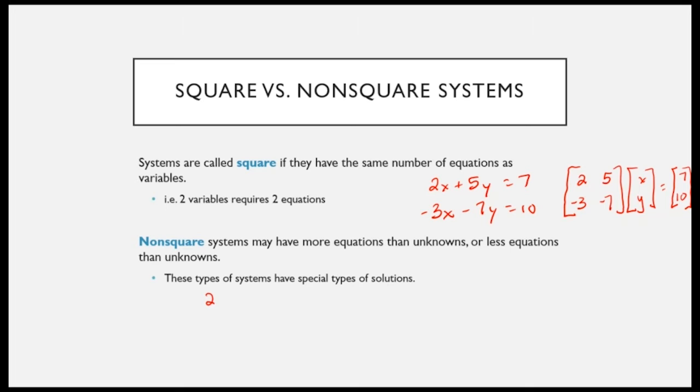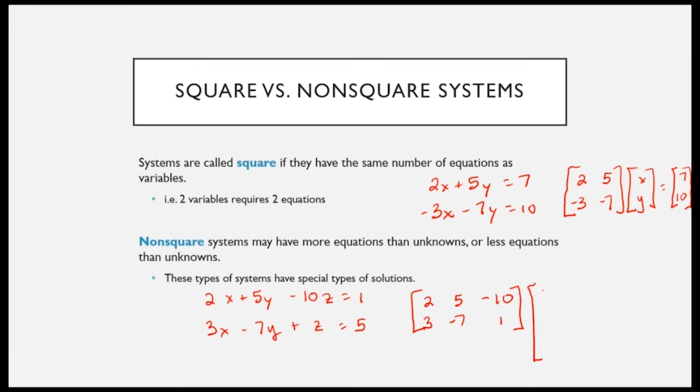An example would be if we had 2x plus 5y minus 10z equals 1, and then 3x minus 7y plus z equals 5. This is a non-square system because if I put it in its matrix form, which again will make sense next week, and you just look at the coefficients, it's not a square, it's a rectangle.